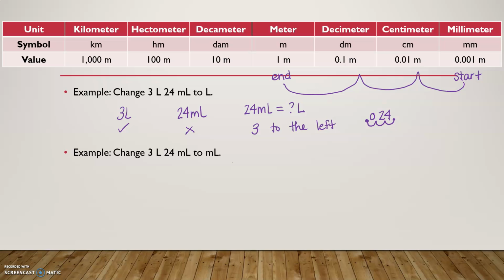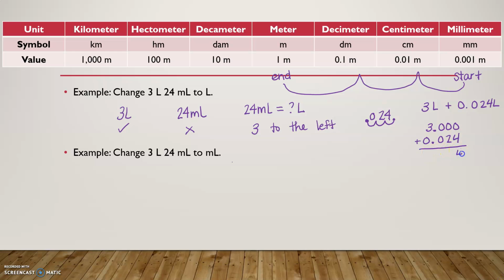So now I can say I've got 3 liters plus 0.024 liters, and I'm going to add those up vertically. And I know how to do that because we know how to add and subtract with decimals. So I'm going to have 3 point, and I'm going to need 3 zeros after it, plus 0.024.